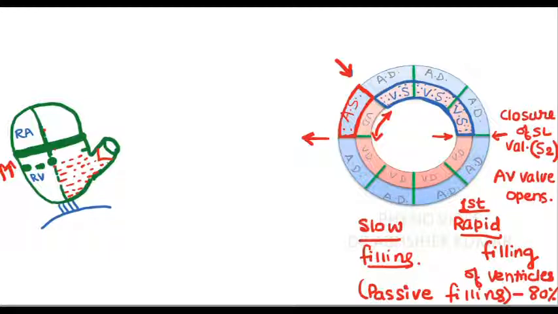Hence, the AV valve is now closed. So, AV valve is closed at this very point. The closure of AV valve leads to production of first heart sound, and the cycle further repeats.